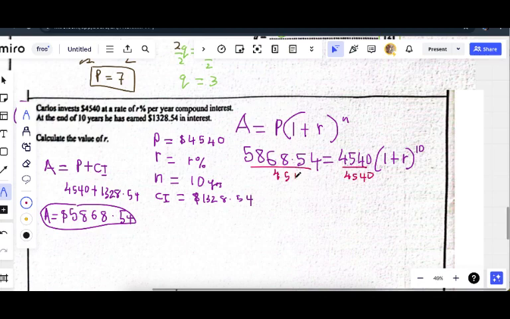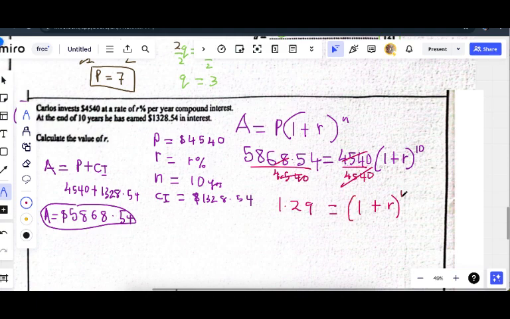If you do that, this cancels, and 4540 going into 5,868.54 gives 1.29. So 1.29 is equal to 1 plus R raised to power 10.